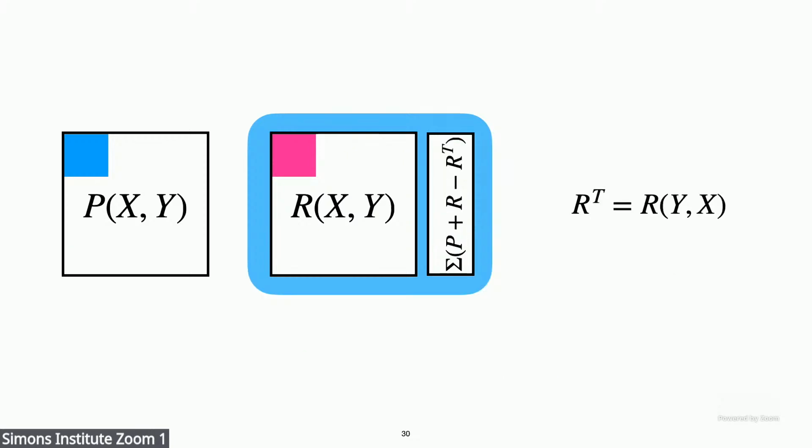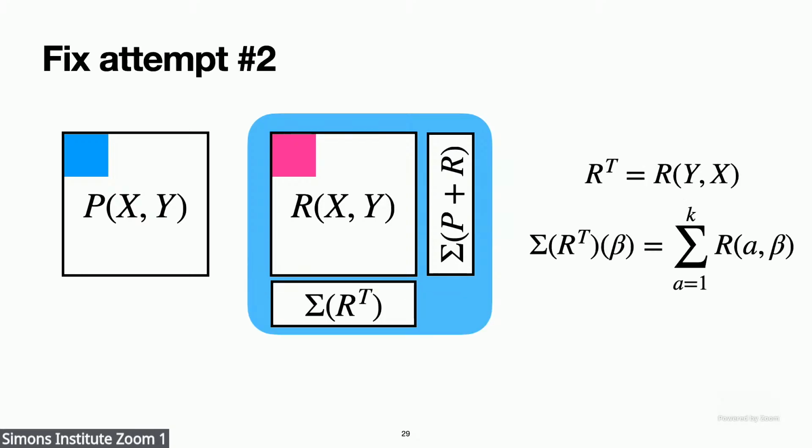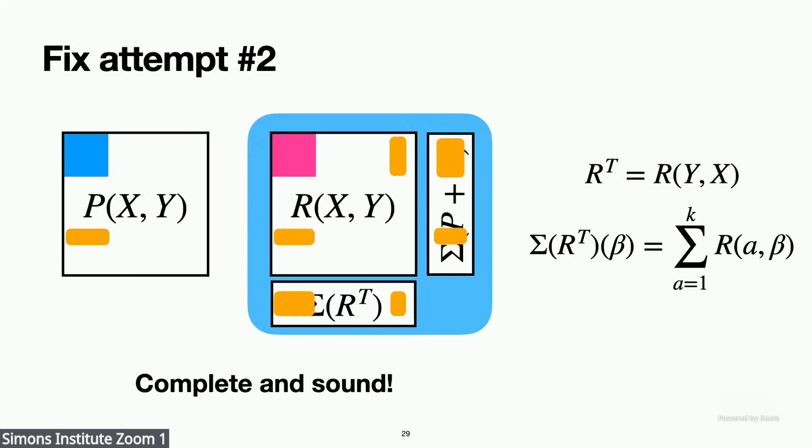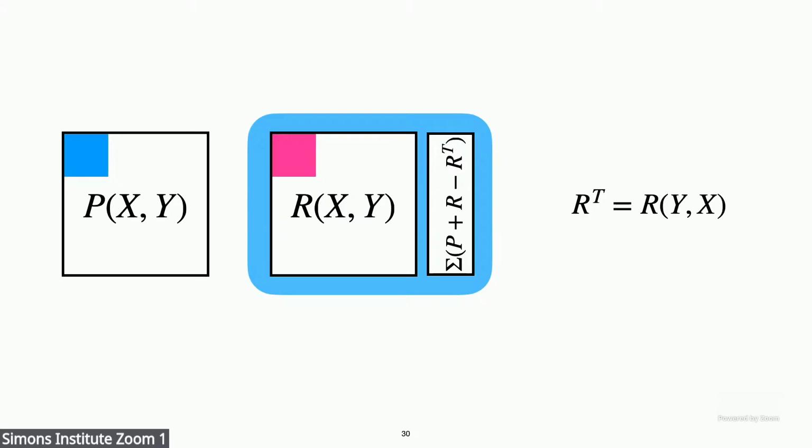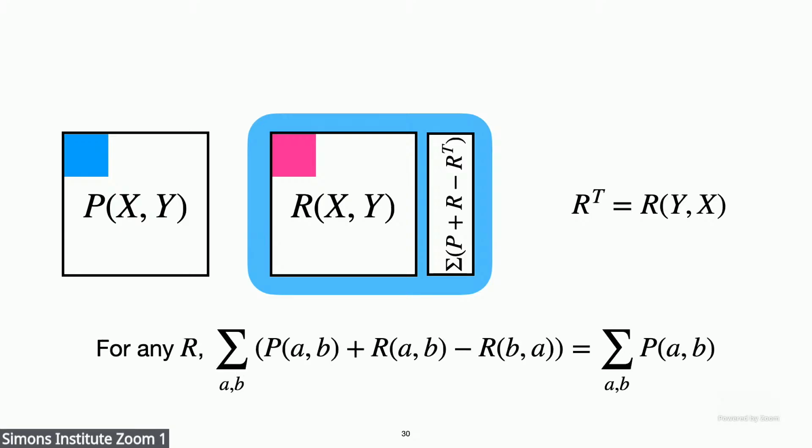Before I talk about zero knowledge, I want to make a small change that makes things easier to talk about. Rather than having these two proofs for R, but P plus R and R transpose, I just want to prove one thing for this P plus R minus R transpose. And notice that no matter what R is, if I sum over A and B in K, over any symmetric set of R_AB minus R_BA, they're going to cancel out, and so this sum will just be the same as the sum of the P_AB.